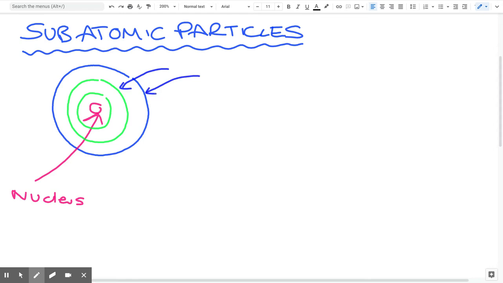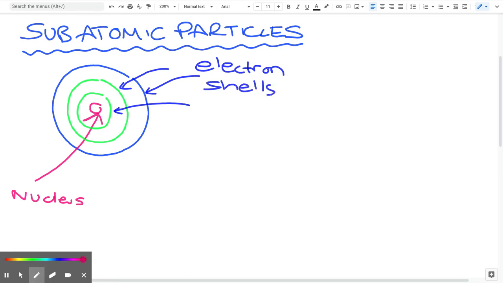For this example, we have three rings. These are the electron shells, which is where, as the name suggests, the electrons exist. And within the nucleus, we now know that this is where both protons and neutrons exist.